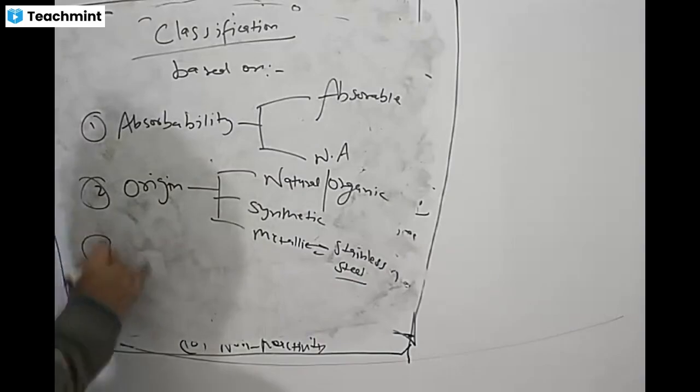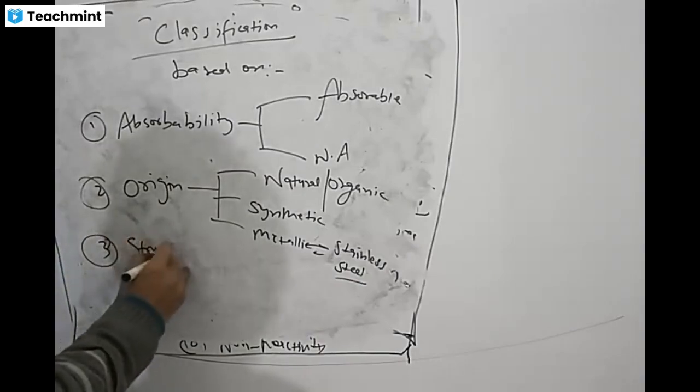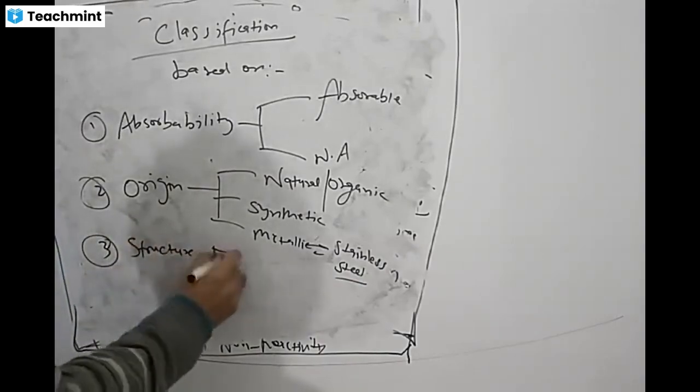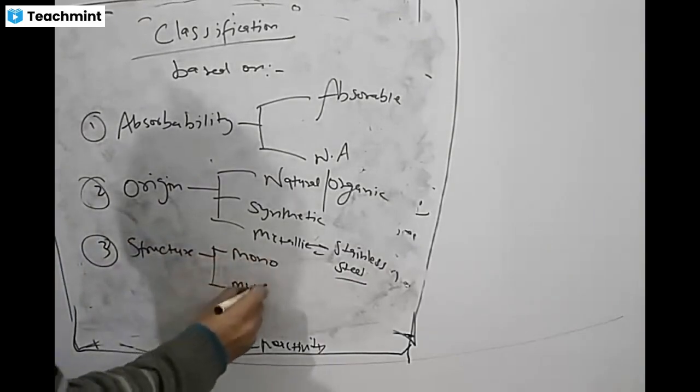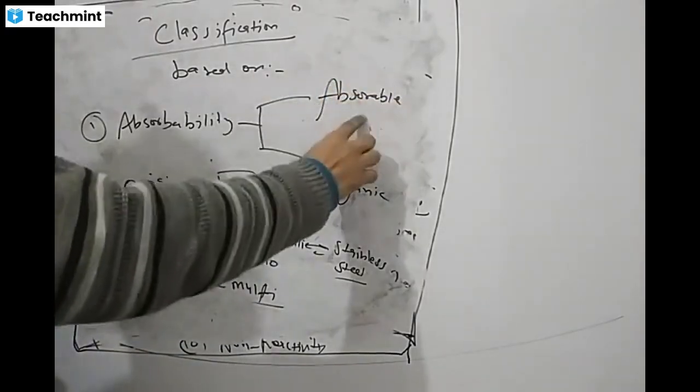And the third basis is the structure. Based on structure, we have two classifications: mono or multi-filament. So this is the classification which is given in many books. Suture materials are classified based on absorbability. They may be absorbable or non-absorbable.